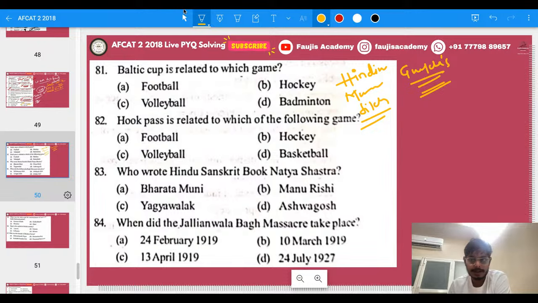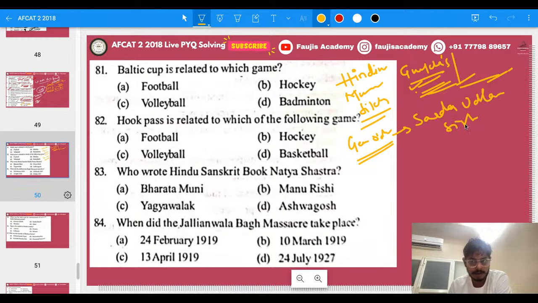Bullet marks are still there, and many other battalions were there too. Eventually, General Dyer was killed by Sardar Udham Singh in the UK, and he was also hanged over there itself.